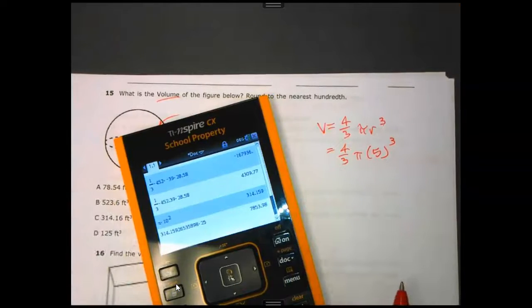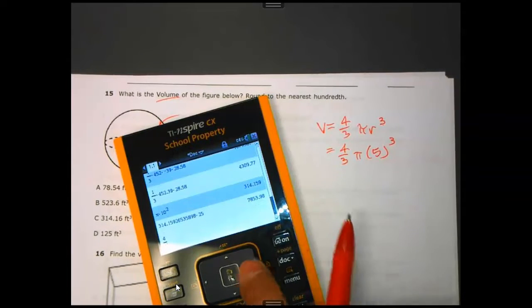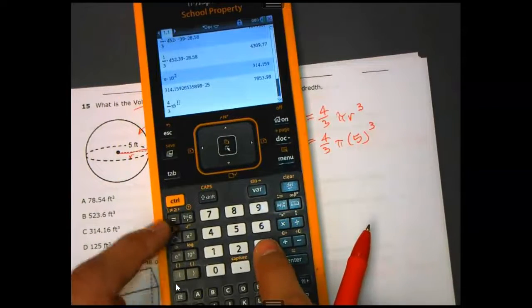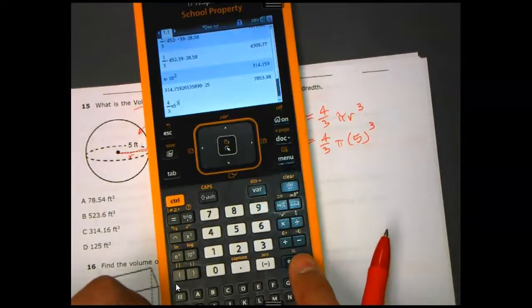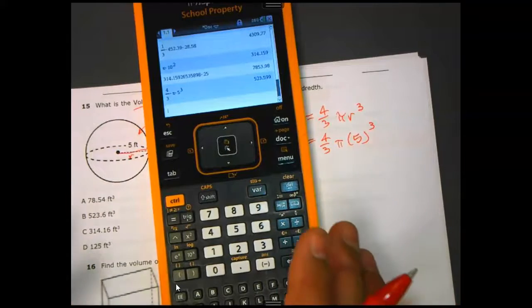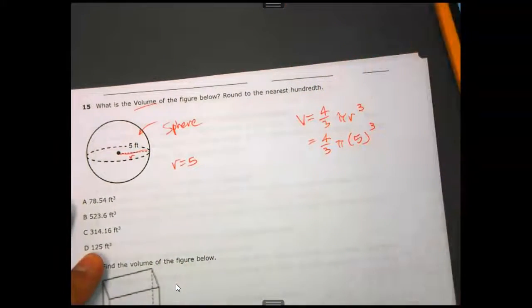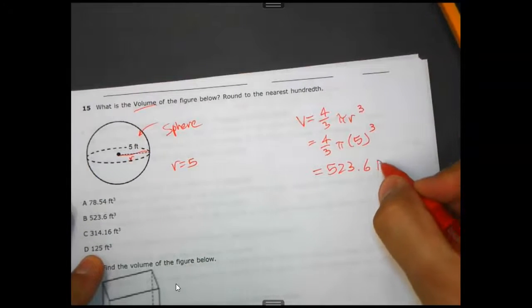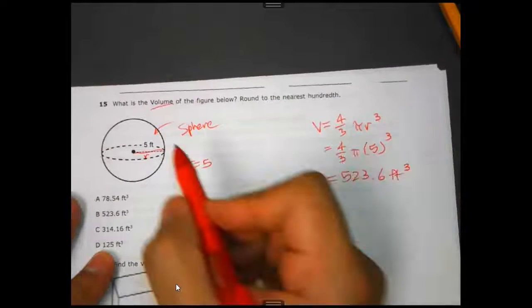So when I type it in, 4, roll, divide 3, go to the right, pi 5, caret, and remember the caret button's right here, 3. Type it in, and I get 523.6 feet cubed, since we're talking about volume.